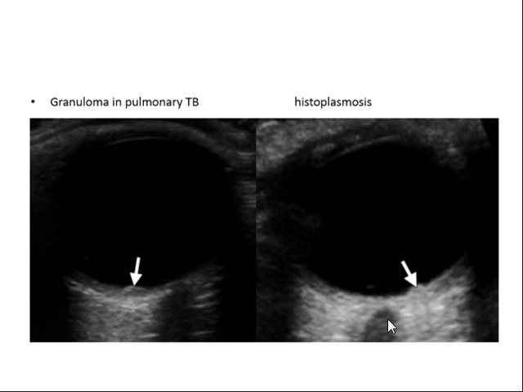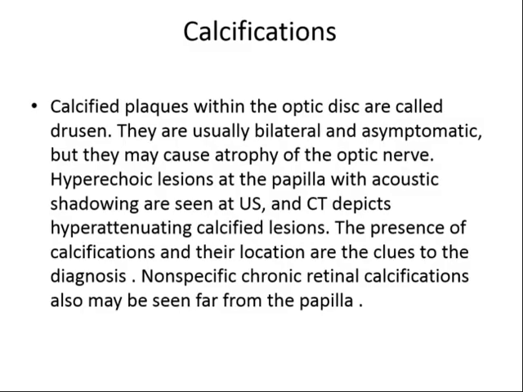This is the region of the optic nerve and optic disc. There is sometimes calcification on the optic disc, calcified plaques called drusen. These are usually bilateral and asymptomatic and may cause atrophy of the optic nerve.